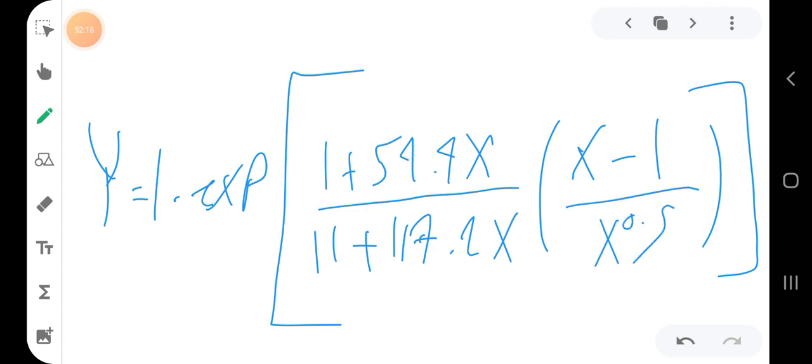So that's it. You plug in the value of x, you get the value of y.